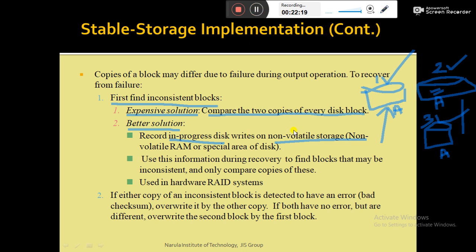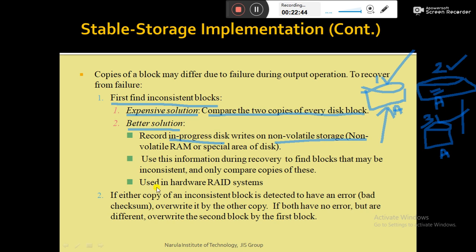Now if some failure occurs while updating any disk, we use that non-volatile storage information. Based on the magnetic tape information, we update the disk data that faced the failure.